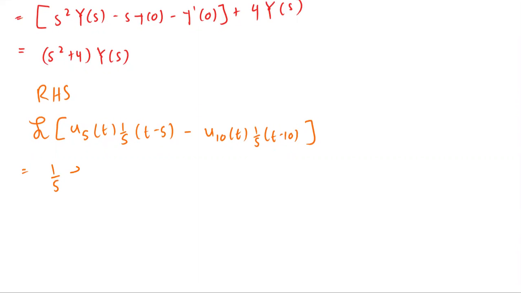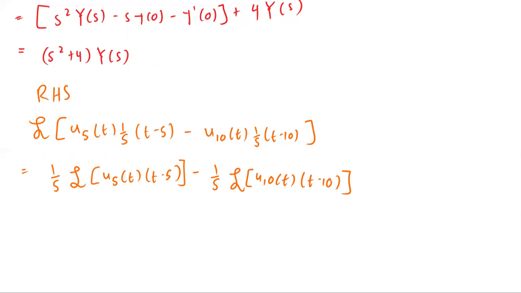So this becomes 1/5 the Laplace transform of u sub 5 of t times t minus 5, minus, and I can move out the 1/5 here as well, minus 1/5 the Laplace transform of u sub 10 of t times t minus 10.